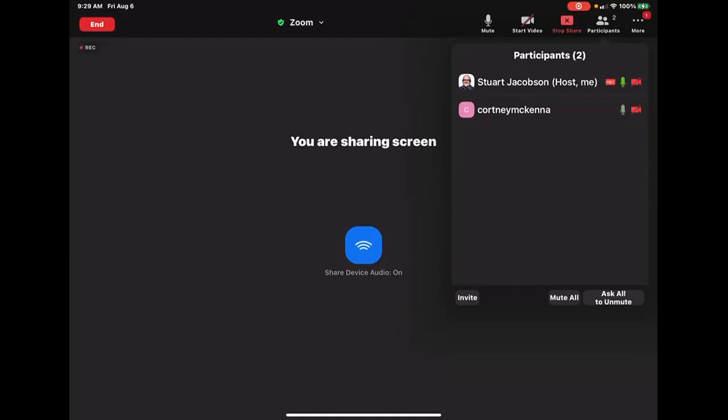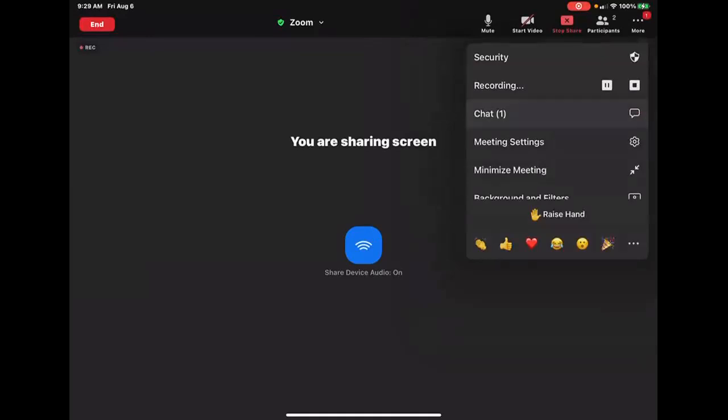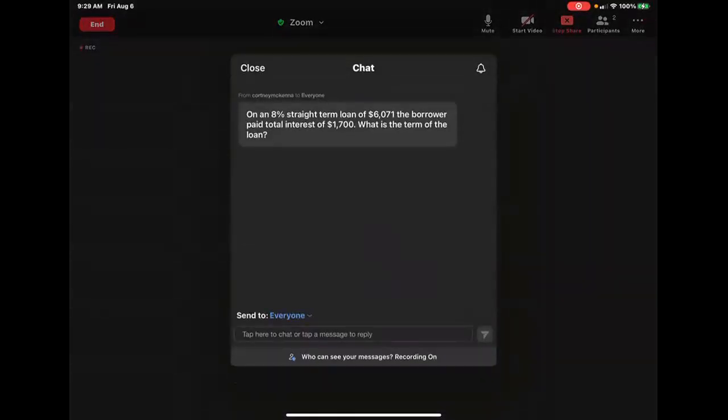Okay, on an 8% straight term loan of 6,071, the borrower paid a total interest of $1,700. What is the term of the loan?